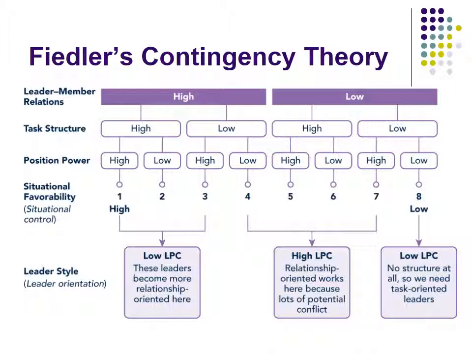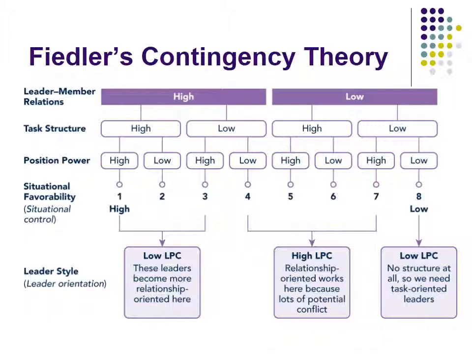The task structure is clearly defined, and the leader may have high or low position power, but the situational control is that the people doing the job have control and they're doing well. So if you have an organization that's doing well, you want someone that's going to be more relationship oriented. In other words, they're focusing on the little things in the organization to make it that much more pleasant.